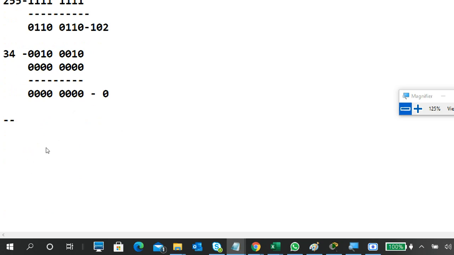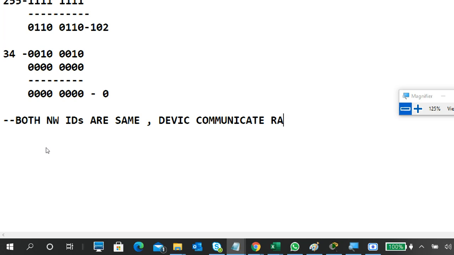Remember this one: both network IDs are the same means devices communicate with each other.